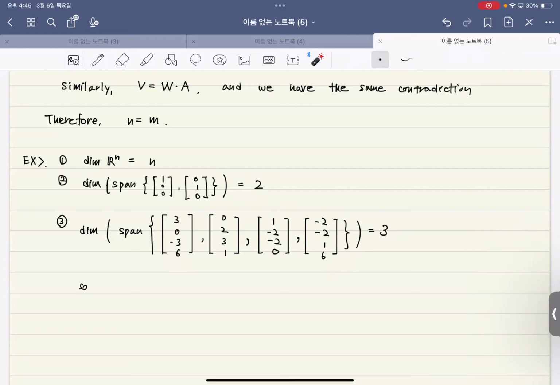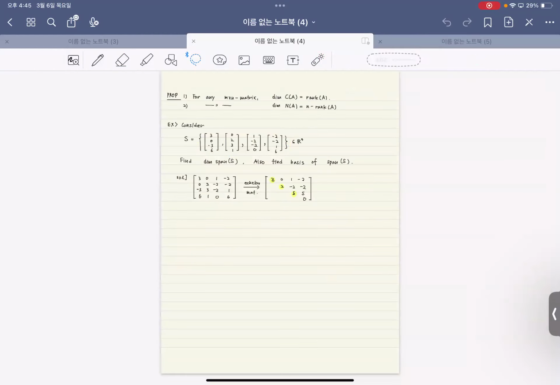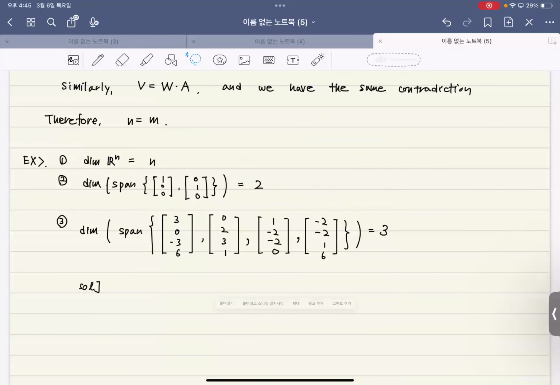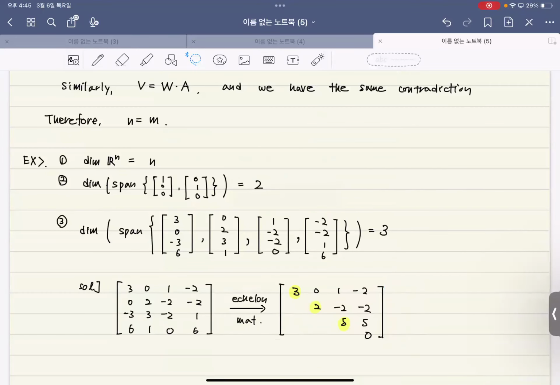How do I know that? To answer the question, just think of a matrix whose columns are exactly these vectors.